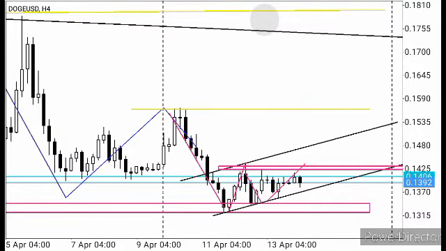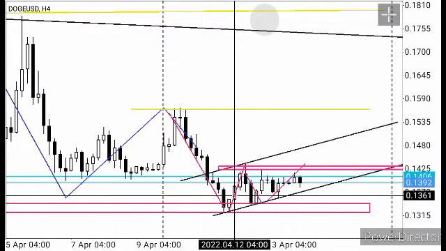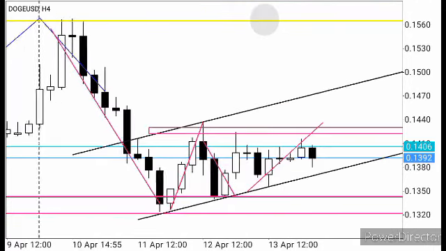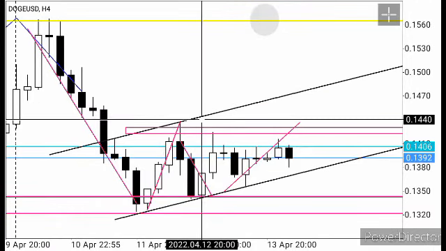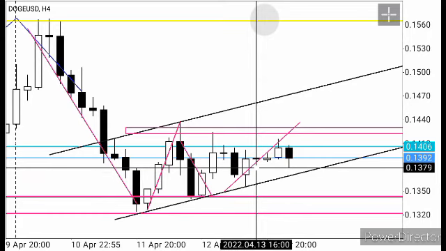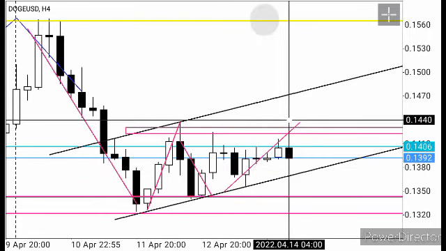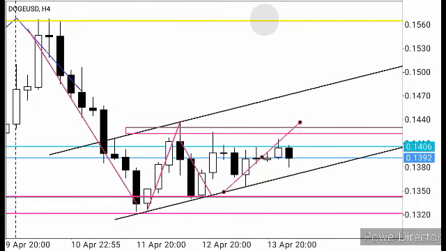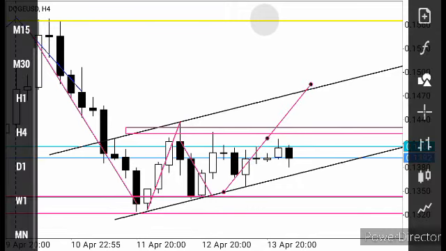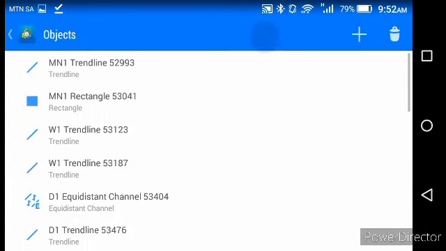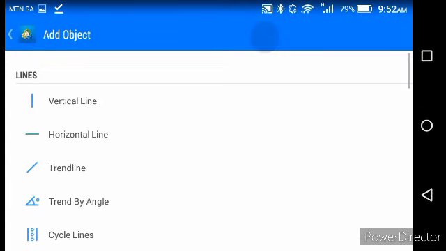However, it is not yet safe to enter because we need to wait for confirmation. Right? So what I would do is wait for price to actually, on this particular 4-hour chart, close above this level right here. Once price closes above this level, I would love for it to continue going up a bit and then come back to retest the neckline.